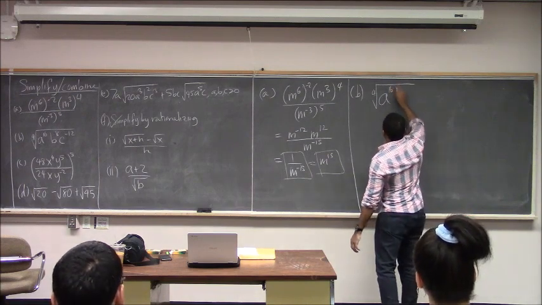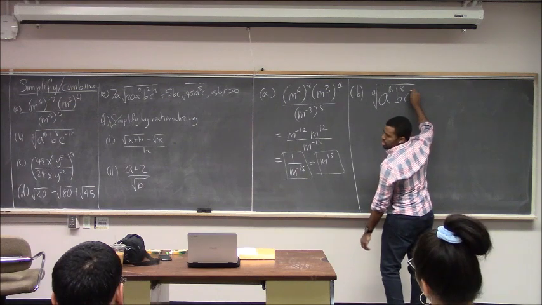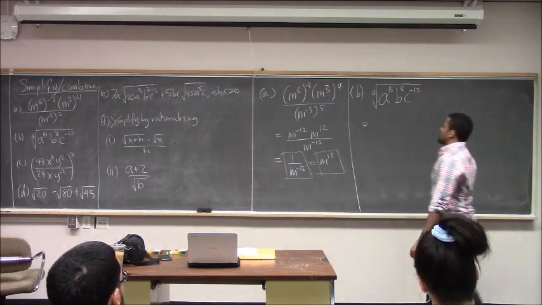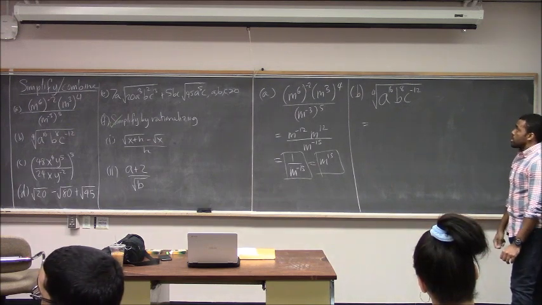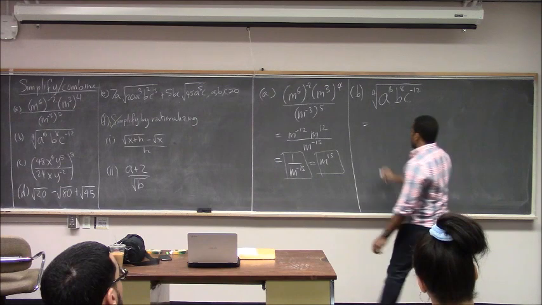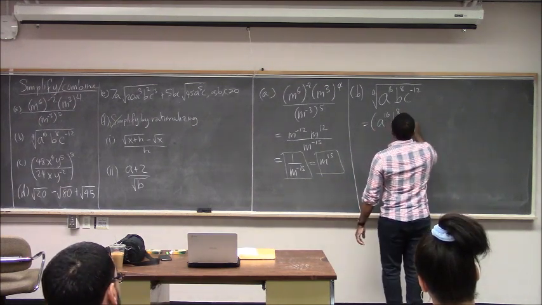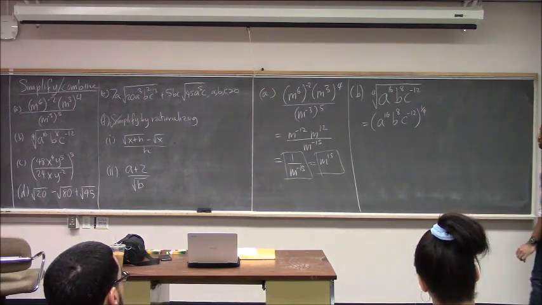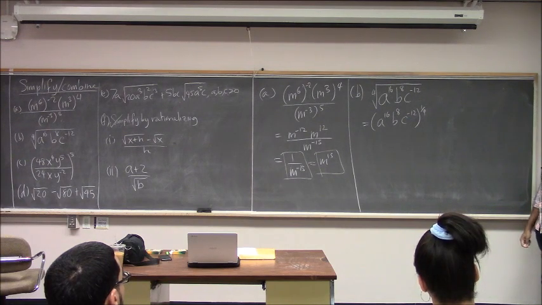A to the 16, B to the 8, C to the minus 12. How does this simplify? You can change the power to a fraction, sure. Just divide the power. Now what? Distribute.